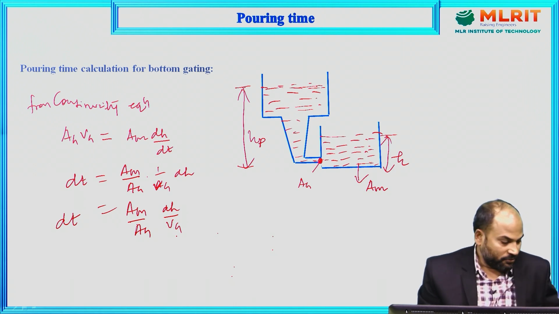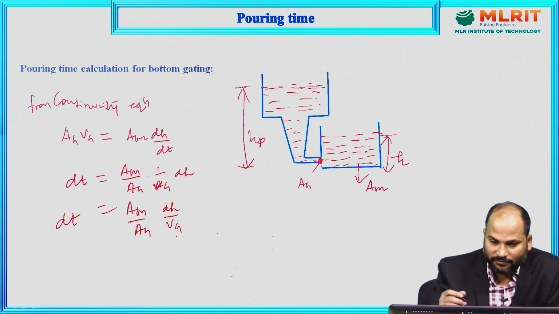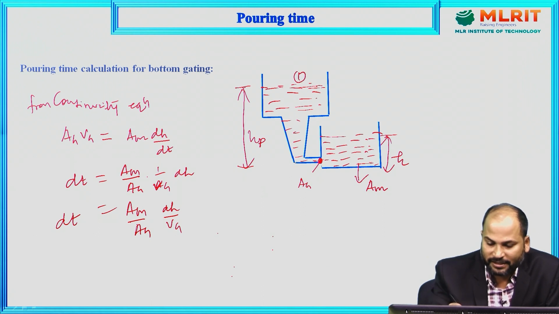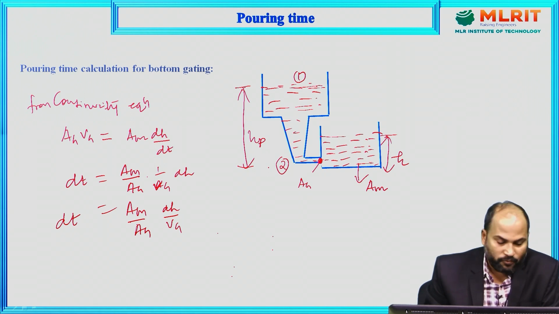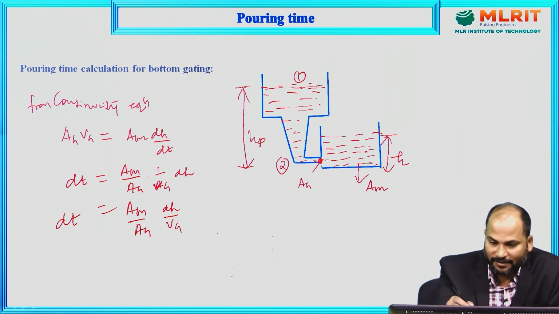So we are taking this section at 1 and this section at 2, and writing Bernoulli's equation at these 2 points.